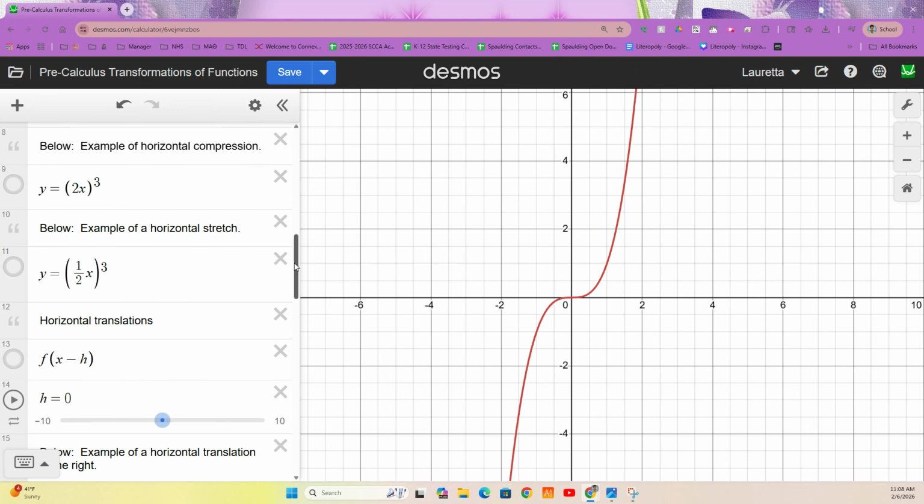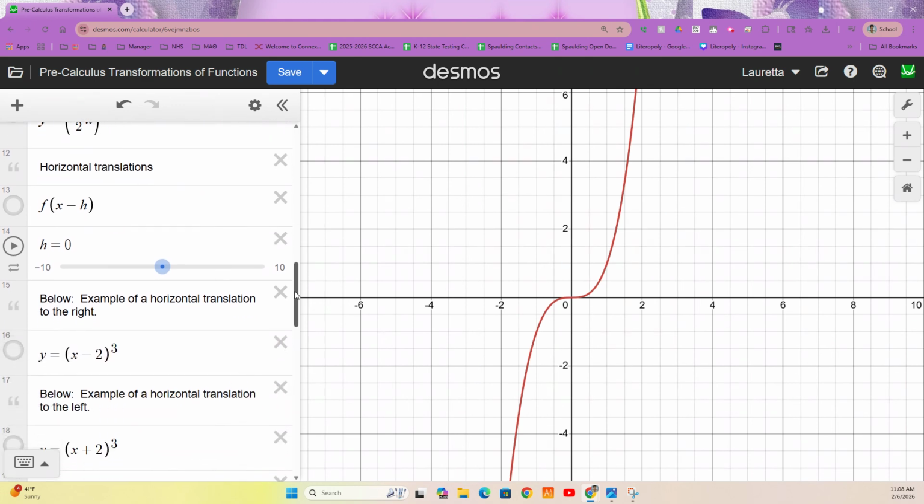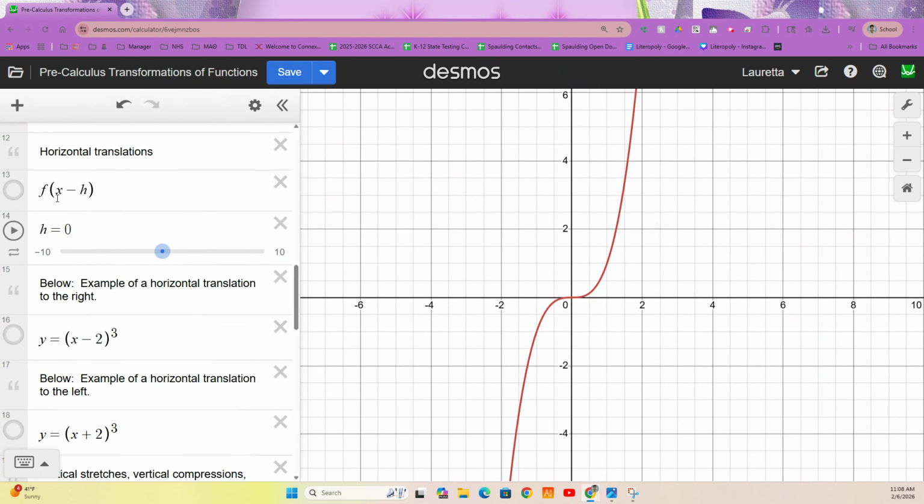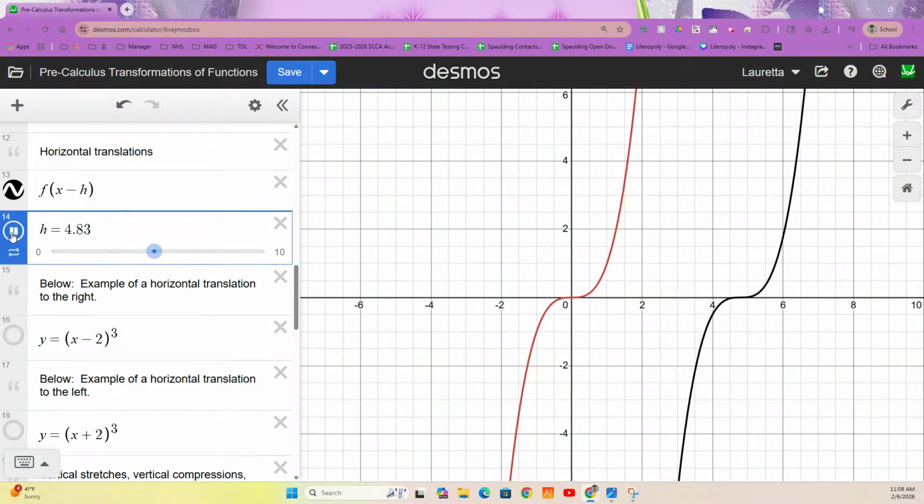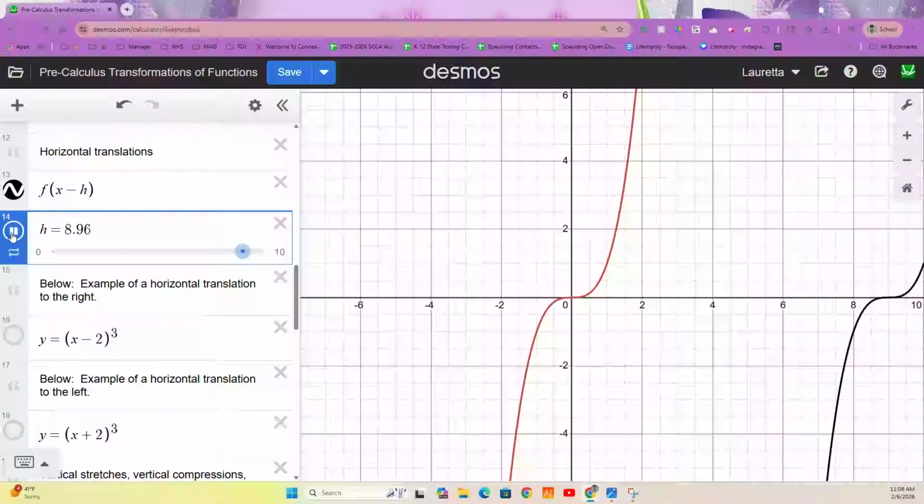Now let's talk about horizontal translations. That is when you're in the form f of the quantity x minus h. So when h is positive, and remember h comes after the minus symbol, x minus whatever the value of h is, then you have a horizontal translation to the right of the parent function.